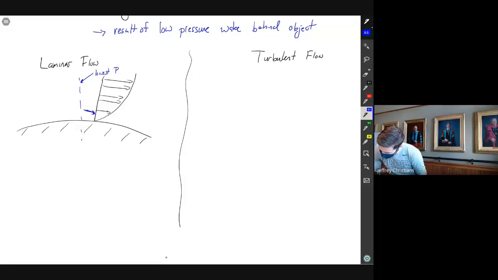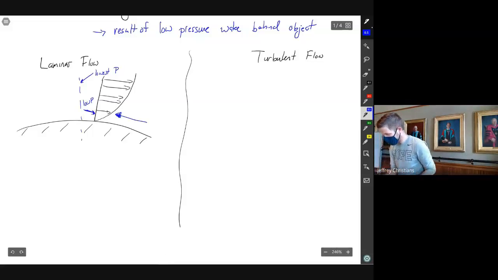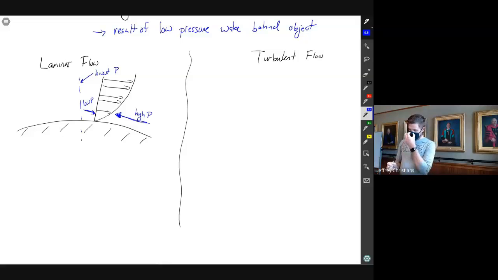So we have low pressure on the back side of this, and we have high pressure on the front side. Okay, so what that's doing is causing all of the fluid to slow down. And if the fluid's moving fast, that's fine. It just slows down a little bit, like you applied a force and it slowed down.